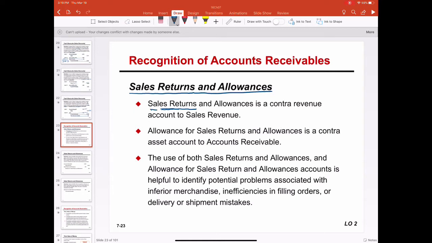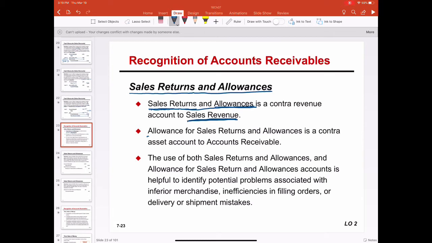So sales return is a control account of sales revenue. Allowance is basically price matching, which also will decrease the sales revenue. For reporting, some firms combine sales return and allowance as a control account of sales revenue.